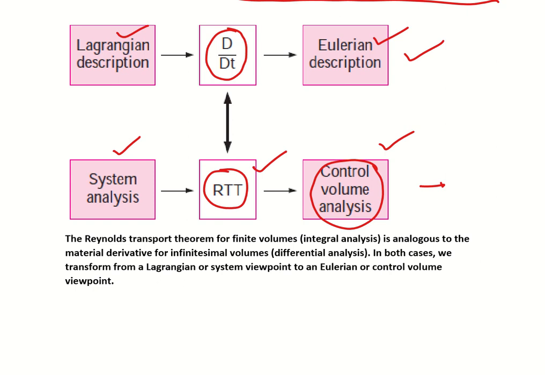So in this video we have learned the main derivation of the Reynolds transport theorem, which relates system property to the control volume property, and we also learned the need for understanding the Reynolds transport theorem.